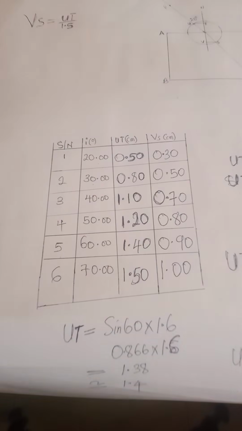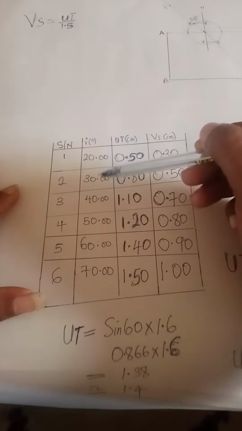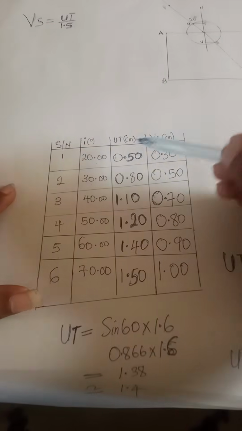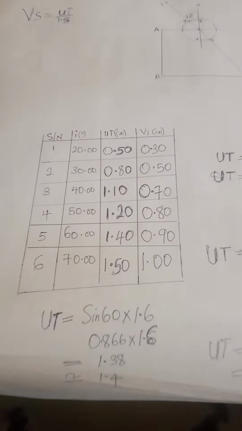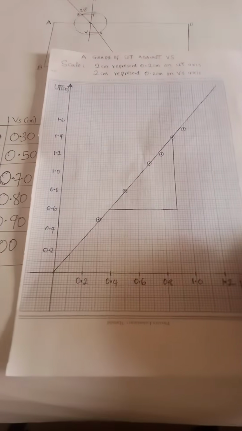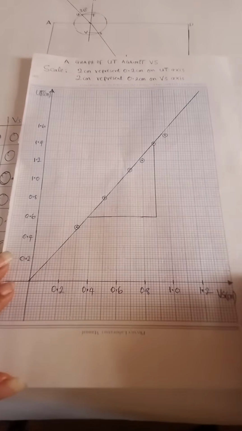Let us plot the graph of UT against VX, which is the first question. Okay, if I want to plot this graph, you will look at this. I've already done it. You are plotting a graph of UT against VX. Now I've done that. Look at my graph here. This is my graph. I've done it already. Take a look at this graph.